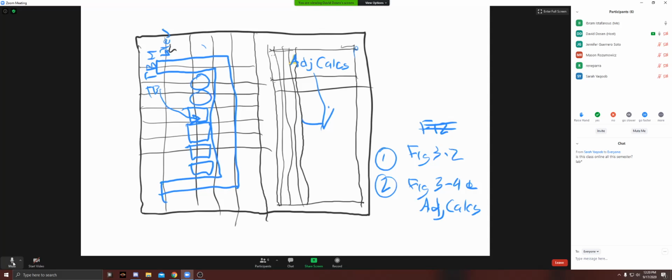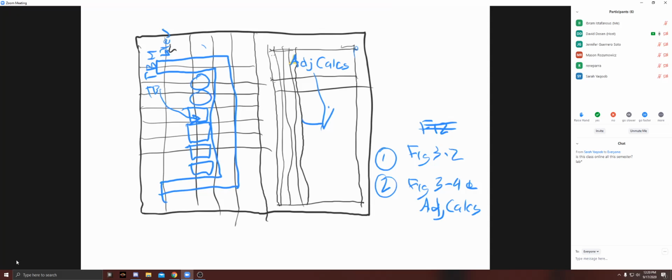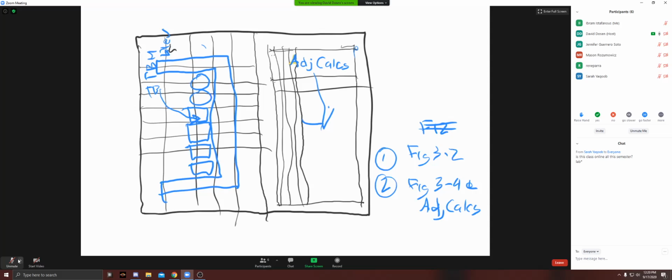So look for exercise 2, figure 3-2, and look for exercise 3, figure 3-2, and exercise 3, figure 3-4 with the sample in the files of Canvas, and that's what you're submitting. So 2 pieces of paper, they'll look just like I just showed you, one with your normal stuff on the right and left, and then the second sheet with the manhole sketch on the left, and your remaining adjustment calcs on the right.